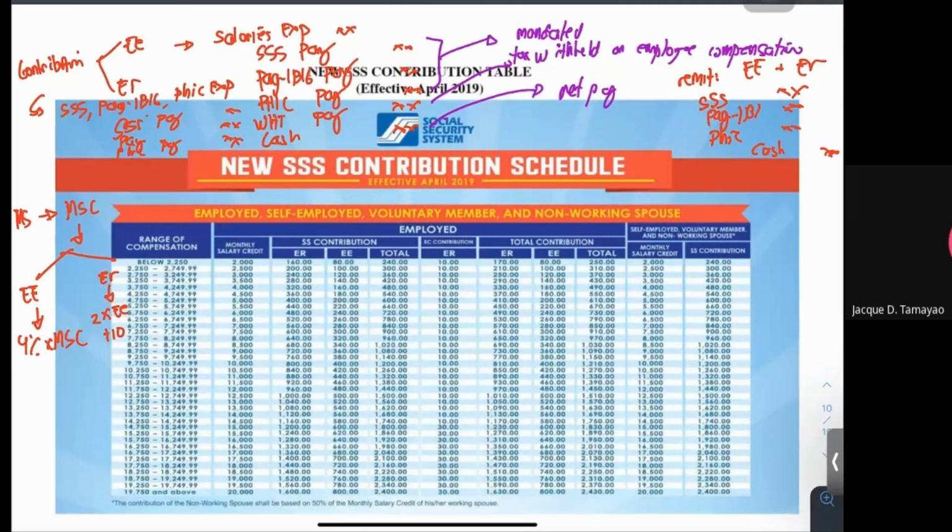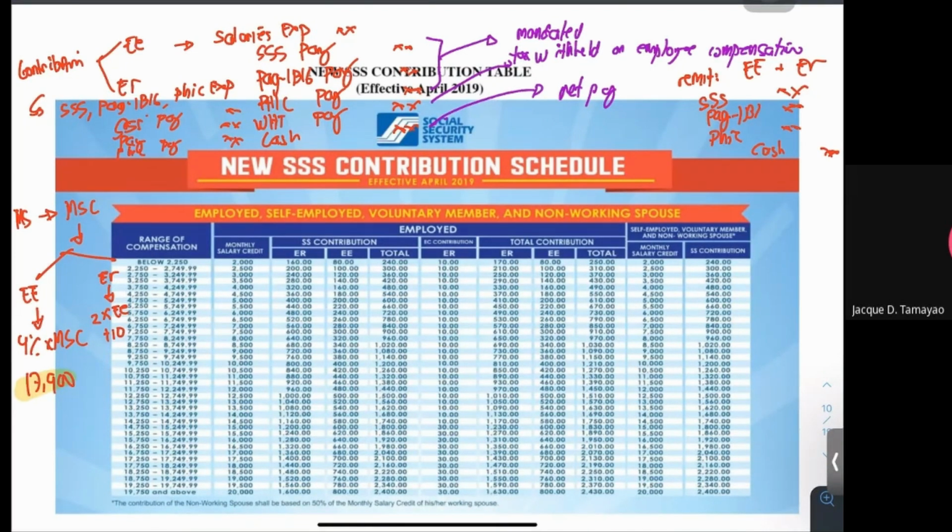So let's say your monthly salary is 17,900. Based on that monthly salary, let's take a look at the range of compensation.